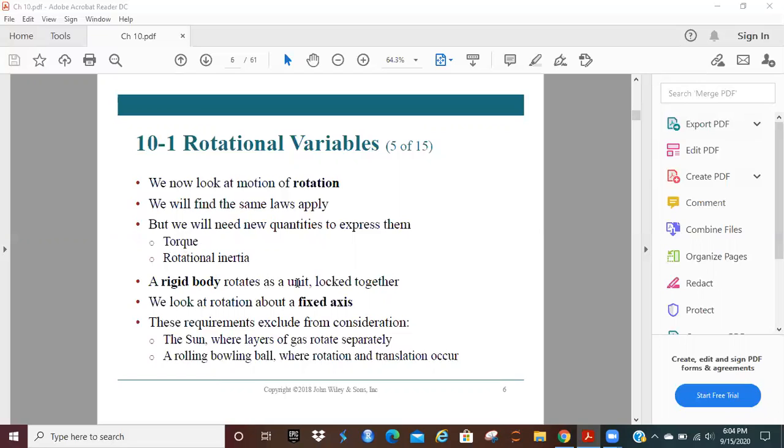A rigid body is rotating as a unit, as it's all locked together. The object may be a little odd, oblong, very irregular, but as long as it rotates as a unit, that's what counts. We're going to look at rotation around a fixed axis, and we'll go through some examples to show what that means.